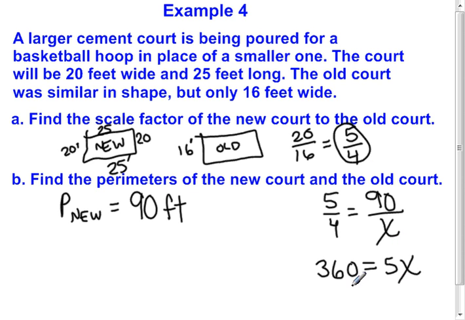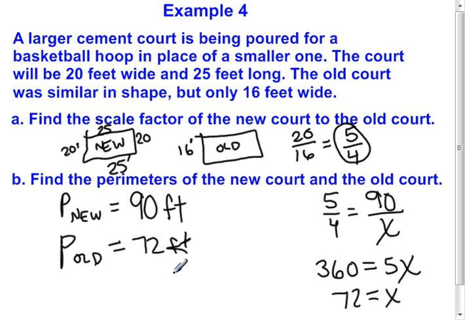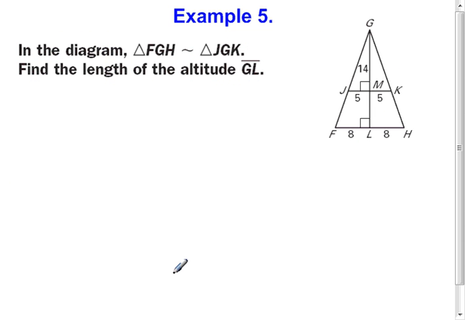And I believe it's 72. Correct me if I'm wrong there. So the old perimeter would have been 72 feet. So I did all of that without having to find the actual side. This is just another method of completing these problems.